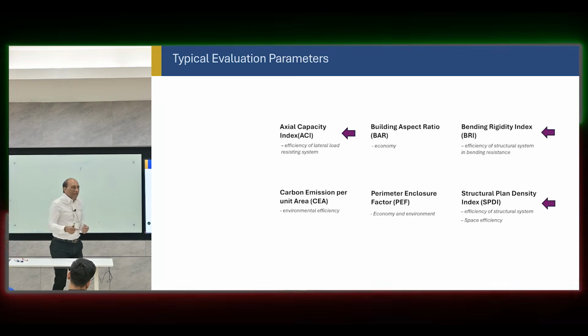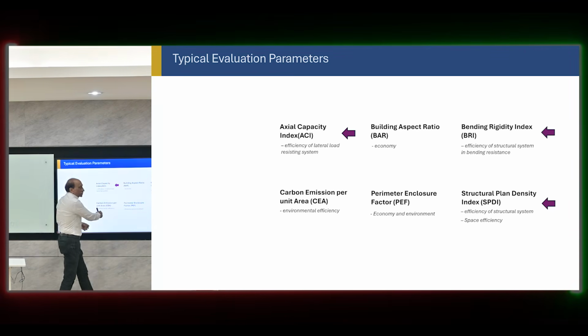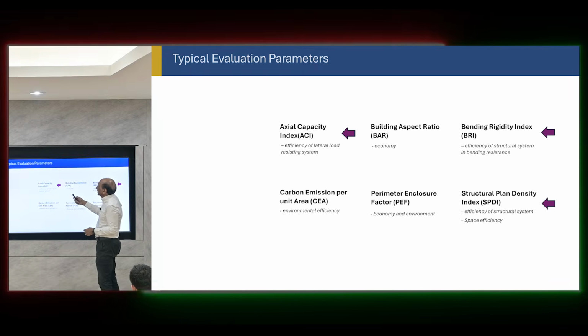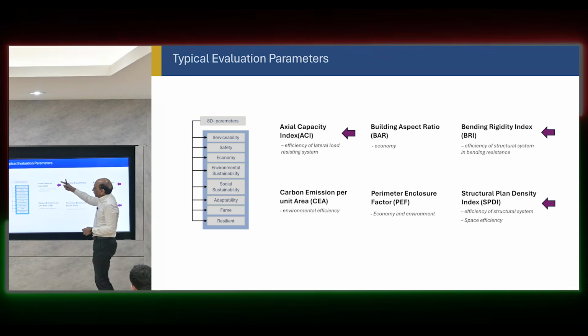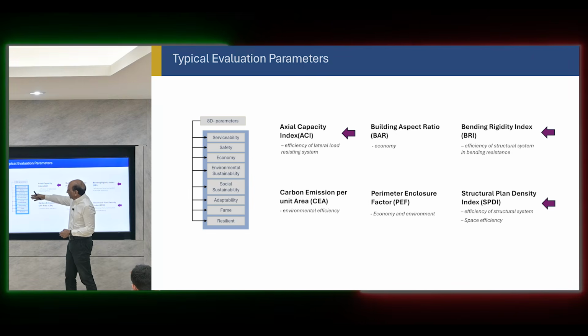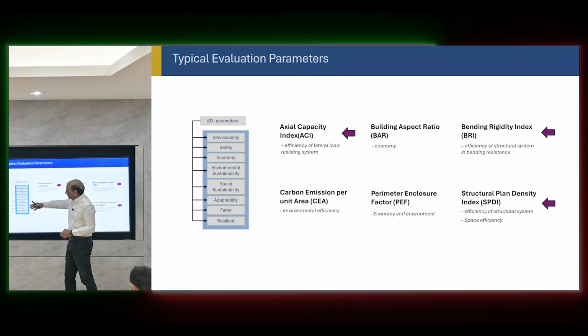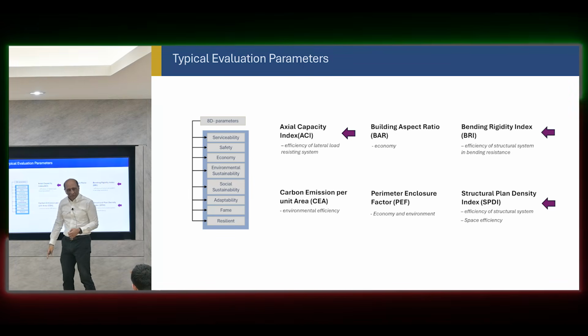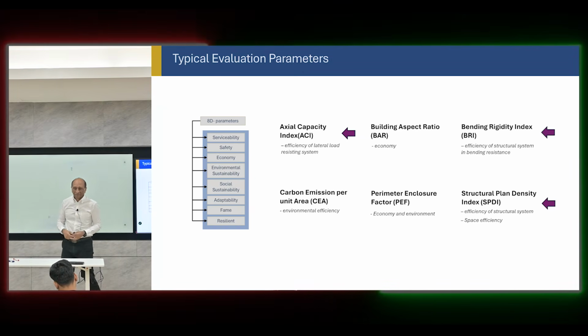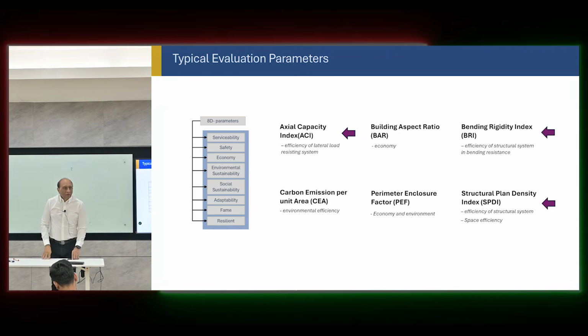So that's why this measure is also now important, right? So this is the big picture of the final efficiency stuff. We talk about eight dimensional parameters: serviceability, safety, economy, environmental, social, adaptability, frame, resilience, many things. So you can go on and on, going higher and higher level. Okay, that's it.